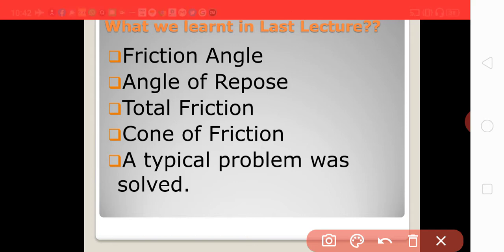Now next comes the cone of friction. Very important concept you must know. Again we will take the help of a block kept on a horizontal surface. This is the horizontal surface and a block is kept over it.